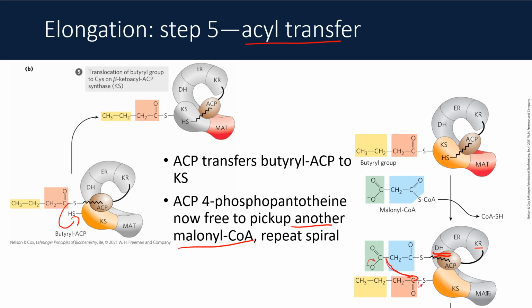And then we saturate that alkene into an alkane. Return it back to the KS domain. Pick up another malonyl. Rinse and repeat. Attach to form the beta ketone. Reduce to an alcohol. Dehydrate the alcohol. And then saturate the alkene to an alkane. And then you keep on going until it's time to stop.